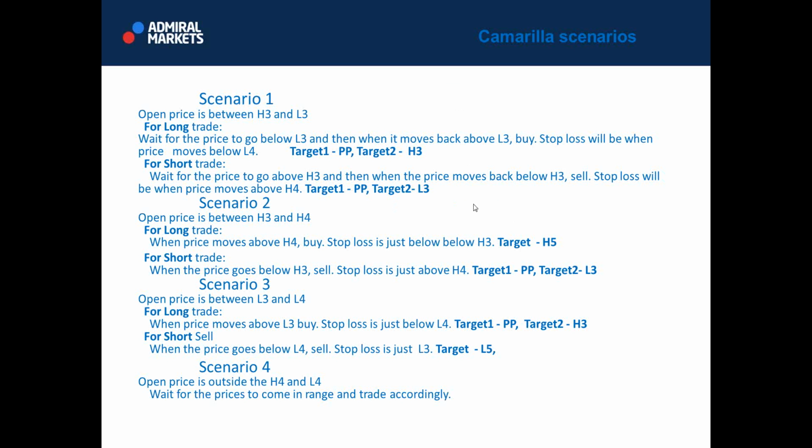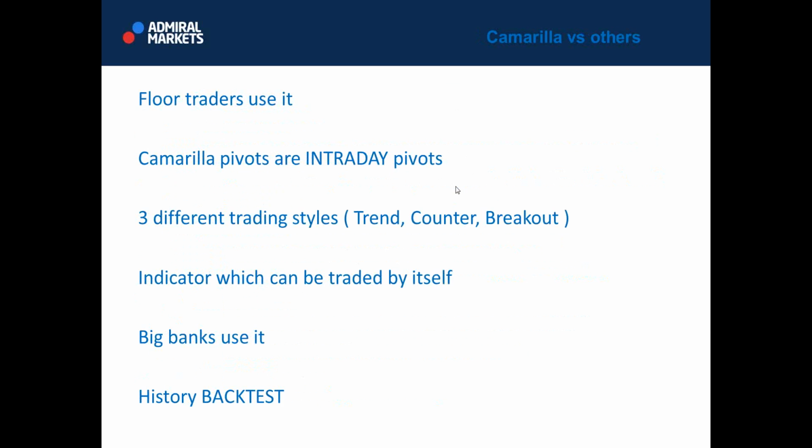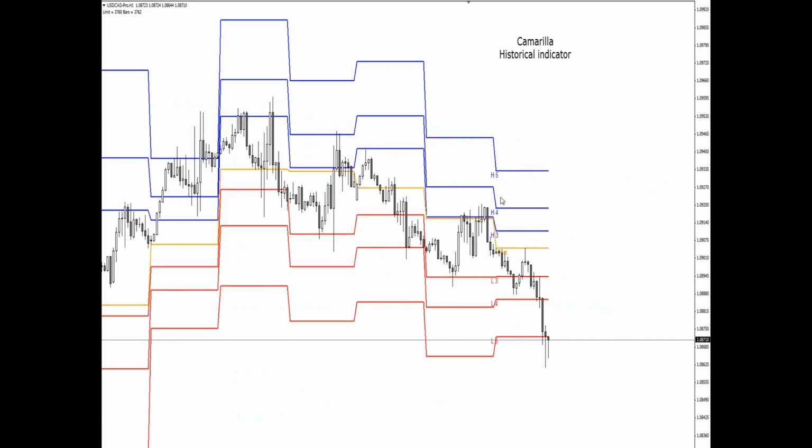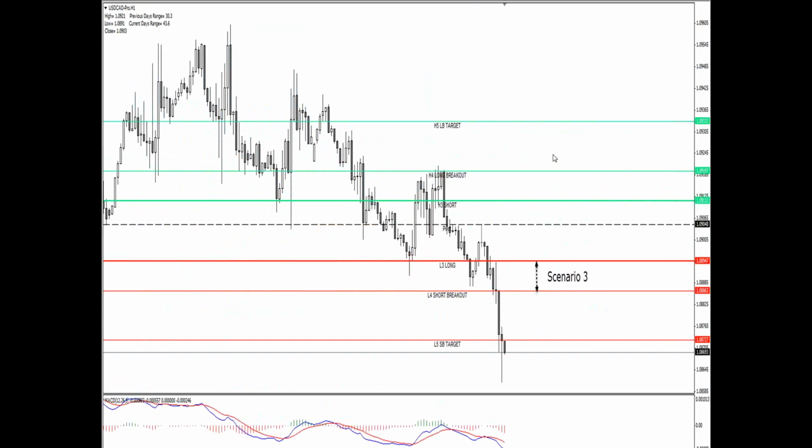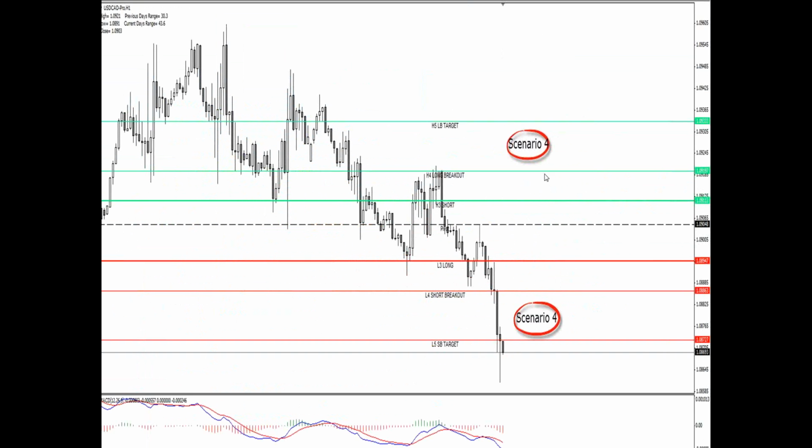But whichever method you use, you will see that plotting these levels, even only as standard pivot points, you don't need to trade Camarilla scenarios 3, 1, 2. But only having those on your charts will help you a lot, guys. Believe me, it will help you a lot.